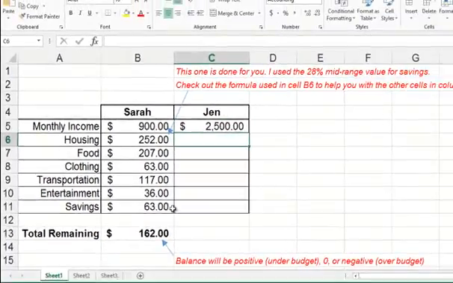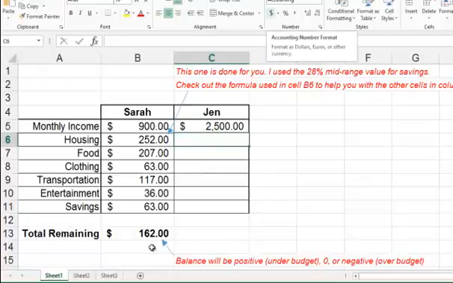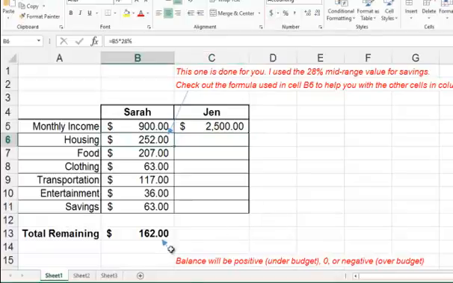And if the dollar sign didn't automatically show up there, you can always go right up here and click on there, and that will make it into a money situation, or accounting situation, as they say. Anyway, Jen makes $2,500. We want all those same percentages to be used right here for Jen.